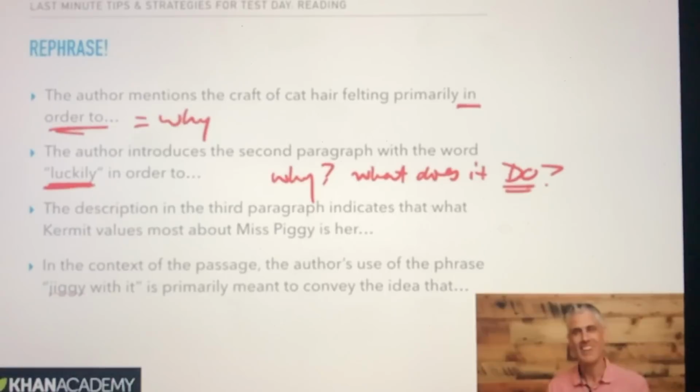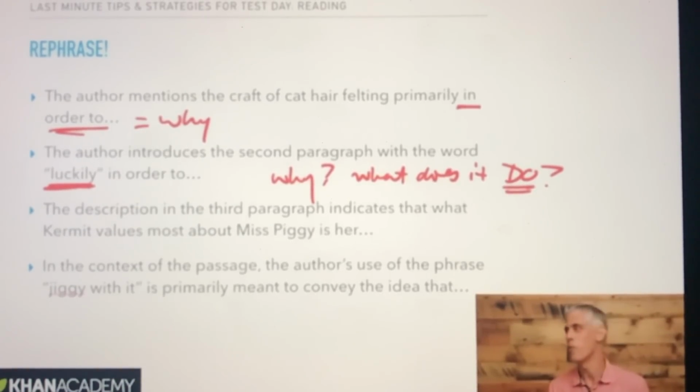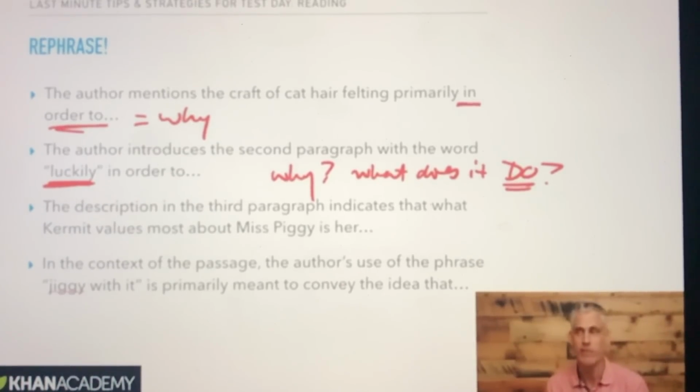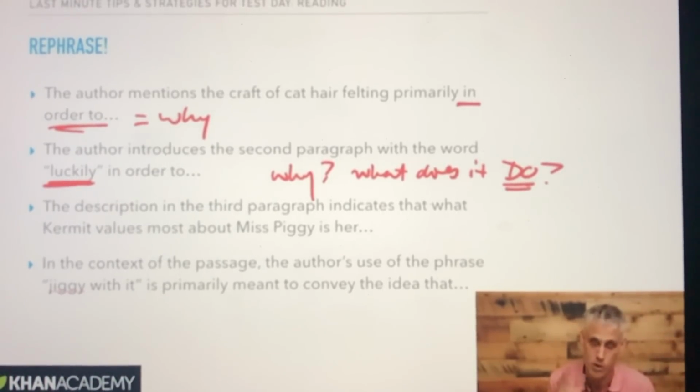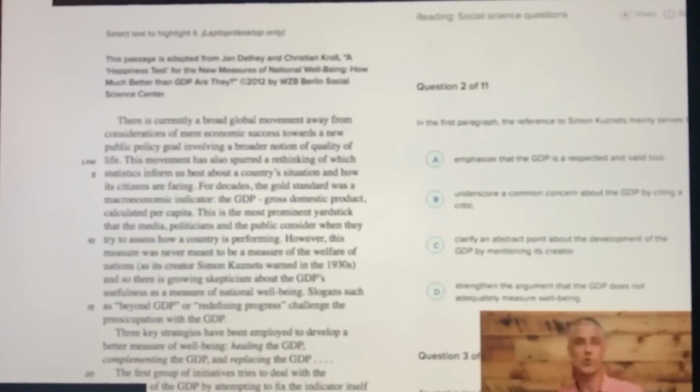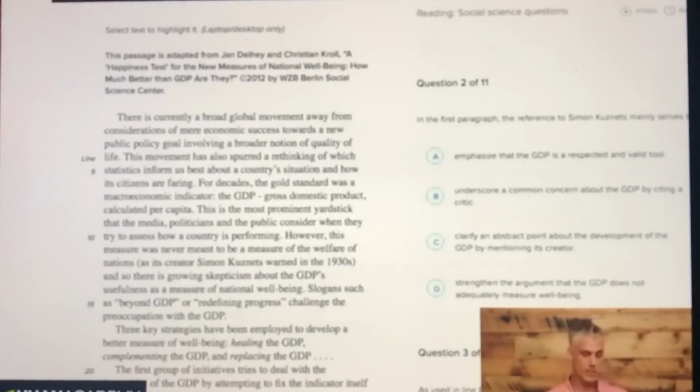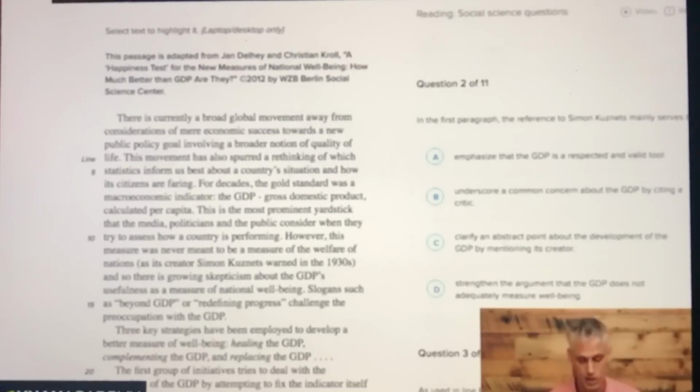Is it because he really loved Will Smith in the late 90s? We don't know. But you go back, you find evidence. There's clearly some evidence about why the author has decided to use this word. And then you answer that question, you come back, and cross out the choices that don't match.